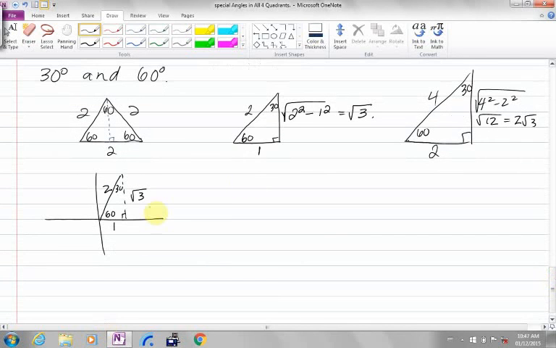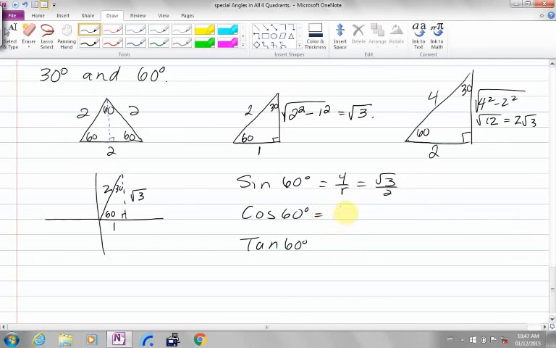So now that we have those 3 values, x, y, and r, we can find our trig ratios. So the sine of 60 degrees, the cosine of 60 degrees, and the tangent of 60 degrees. So sine is y over r, so that's root 3 over 2.